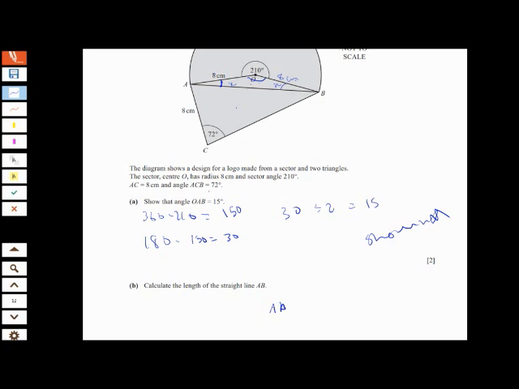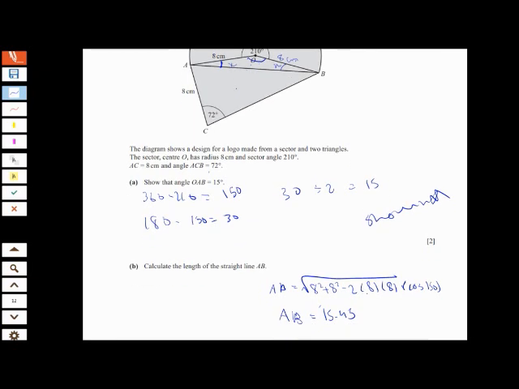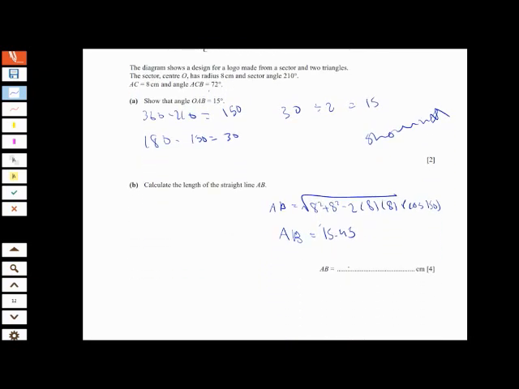So AB equals the square root of 8 squared plus 8 squared minus 2 times 8 times 8 times cosine of the angle between them, which is 150. If you key that in the calculator, you will get AB equals 15.45. That is all.